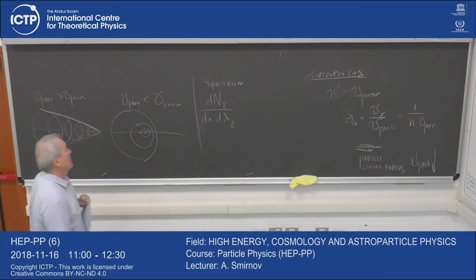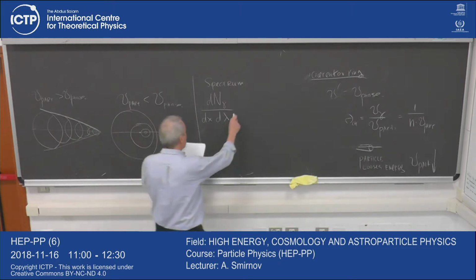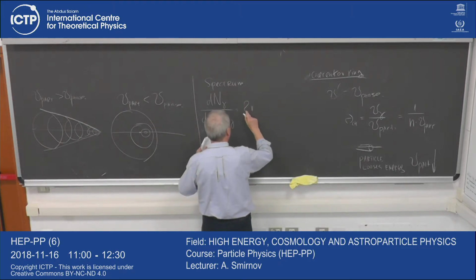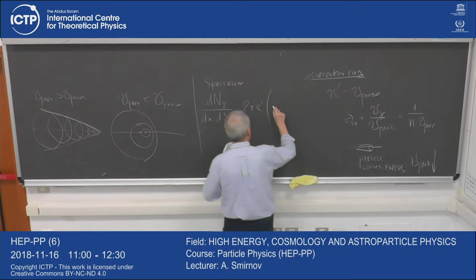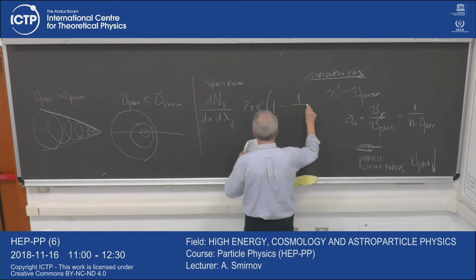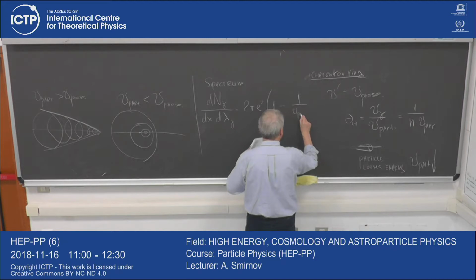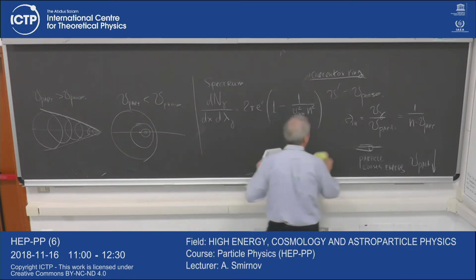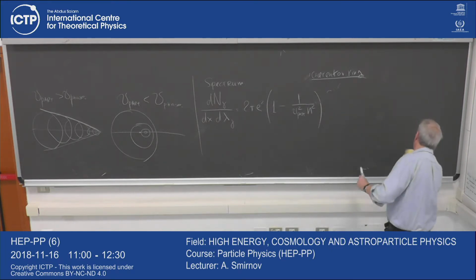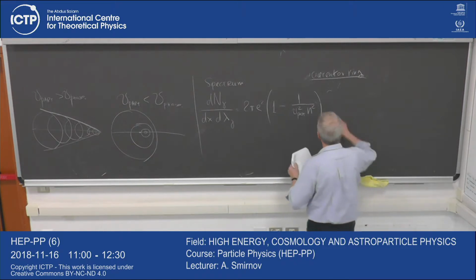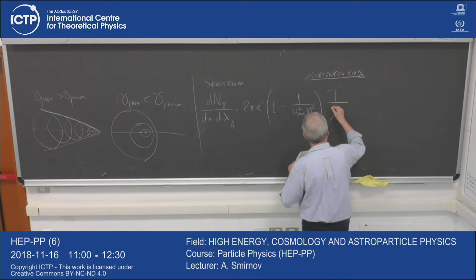So the number of photons emitted per unit of distance and per interval of wavelength lambda equals 2 pi, charge squared. Well, this is clear. And then there is the factor 1 minus 1 over v particle squared times refractive index squared, and then 1 over lambda gamma squared.